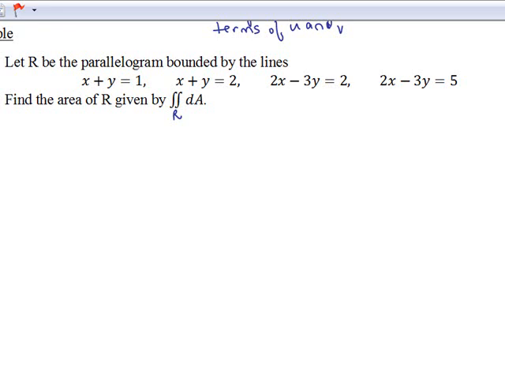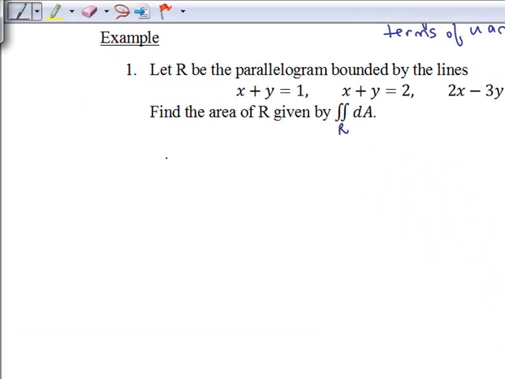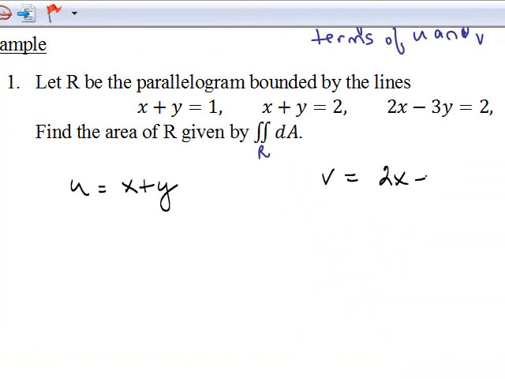What do you see? x plus y is common and 2x minus 3y is common. So these are going to be your u and v. Okay? So that's how you do it. So u is going to be x plus y. v is going to be 2x minus 3y.